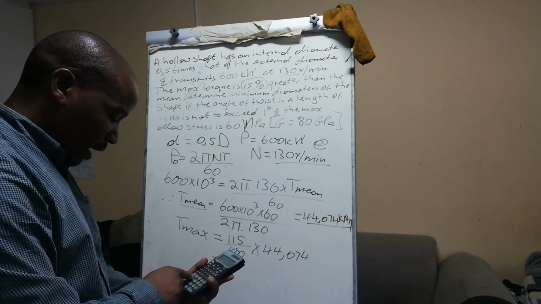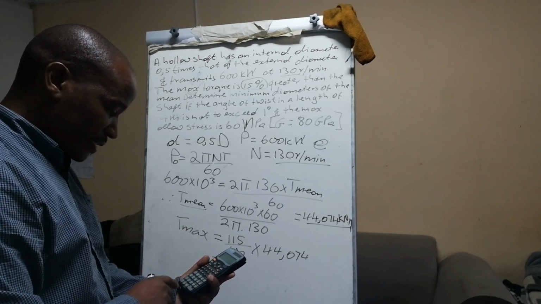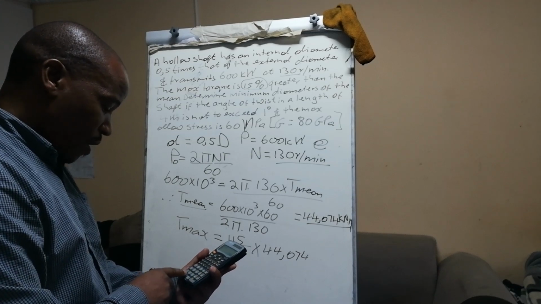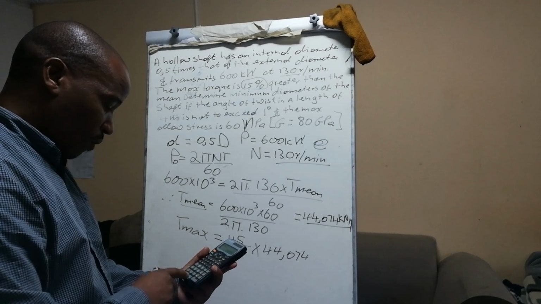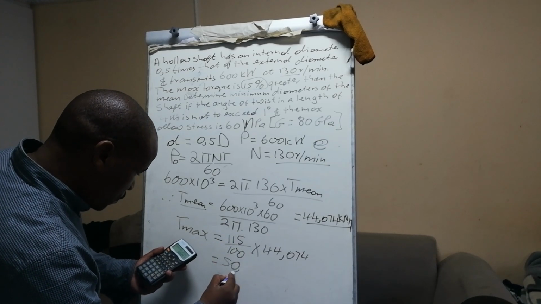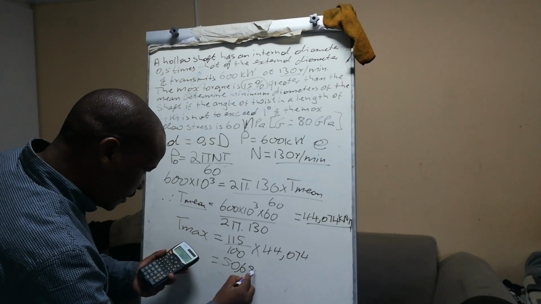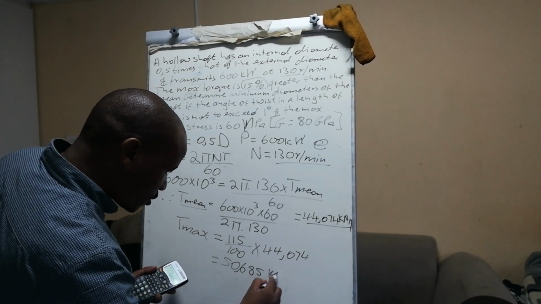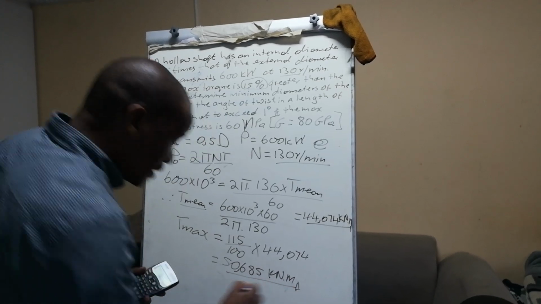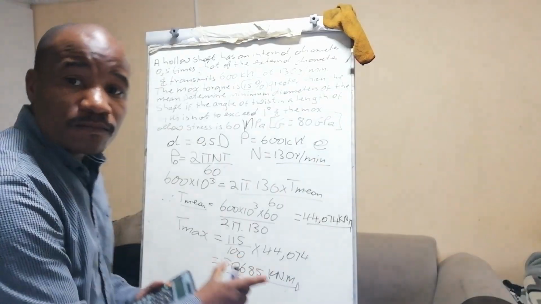44,074. And then this is equal to 115 divided by 100, 1.15, multiplied by 44,074. Answer is equal to 50,685 kilonewton meter. This is the maximum torque.